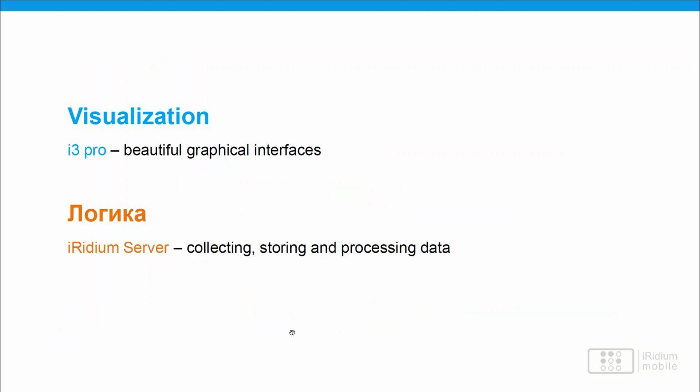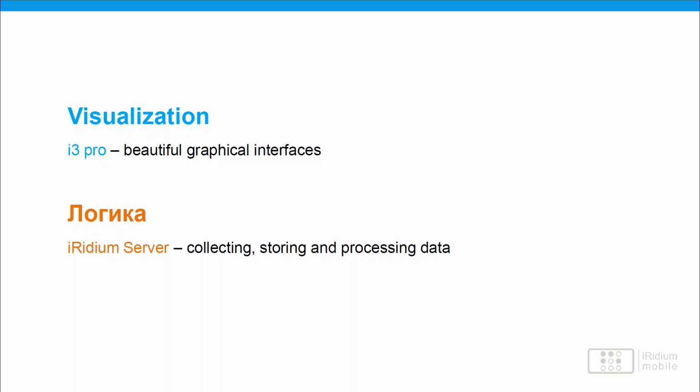Okay, as a result, oh, I see the word Russian, sorry. As a result, we have a visualization as the i3 Pro app. In the visualization, you have to make a graphical solution, beautiful graphical interfaces, and no logic.